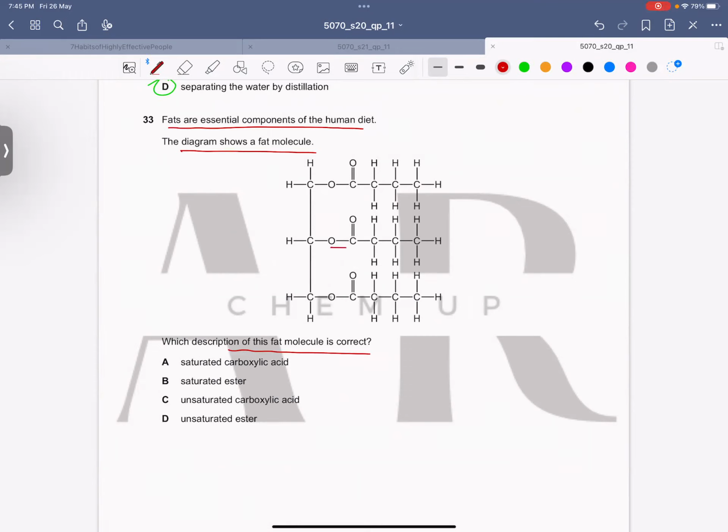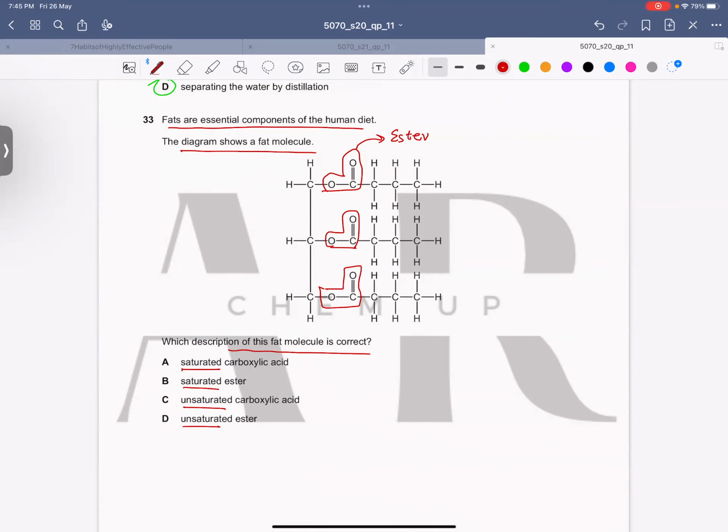If you look at this functional group, there is a C double bond O, and that same carbon is bonded to O, right? This makes it an ester functional group. The other thing you are observing is the prefix, saturated and unsaturated.